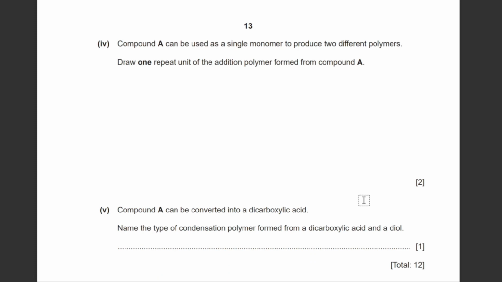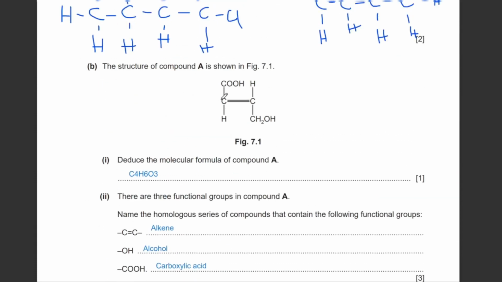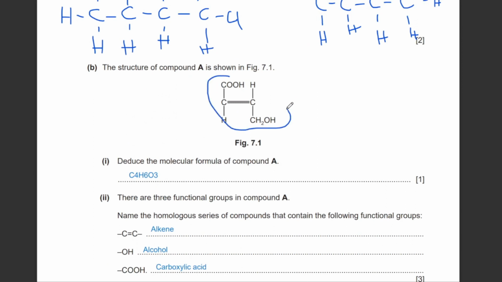Compound A can be used as a single monomer to produce two different polymers. Draw one repeat unit of the addition polymer formed from compound A. Now since it's asking for a repeat unit, that means it has to be the same as this one. So you would draw the same as this one.